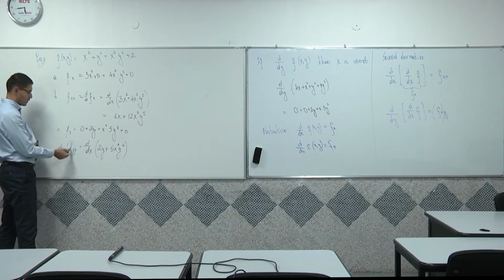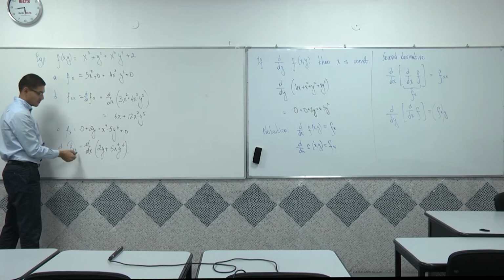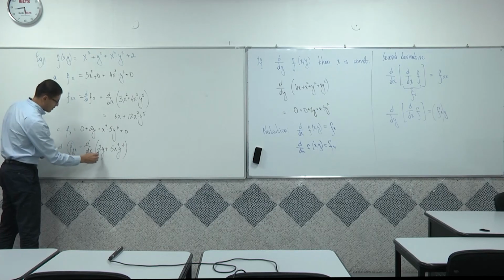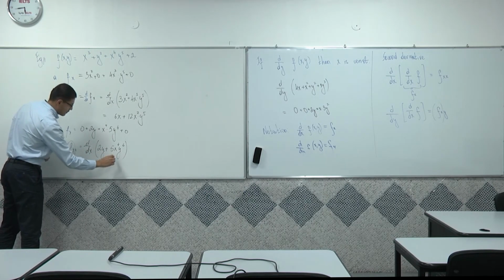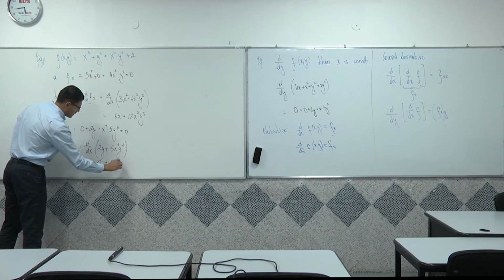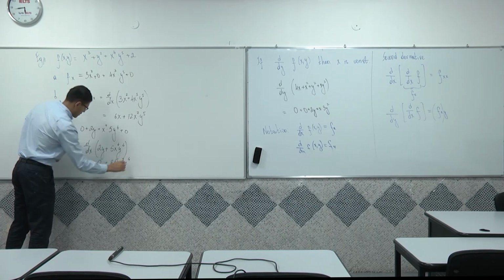We take the derivative with respect to y first, that gives us this expression, and then we take the derivative with respect to x. This becomes 0 with respect to x, and this becomes 20x cubed y to the power 4.